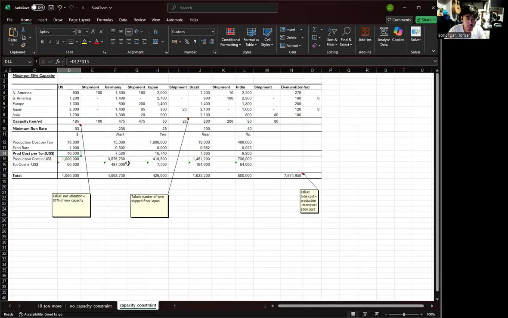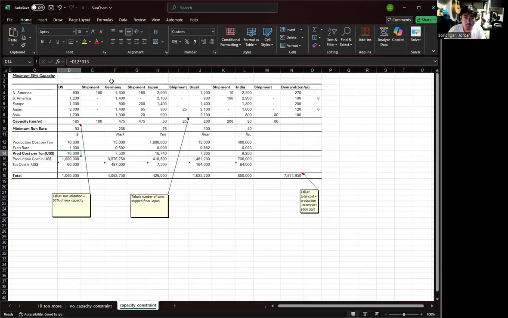Compared to the US, it has around $2,500 less of production cost. So it is able to produce more and ship more, but without incurring as much of the production costs.